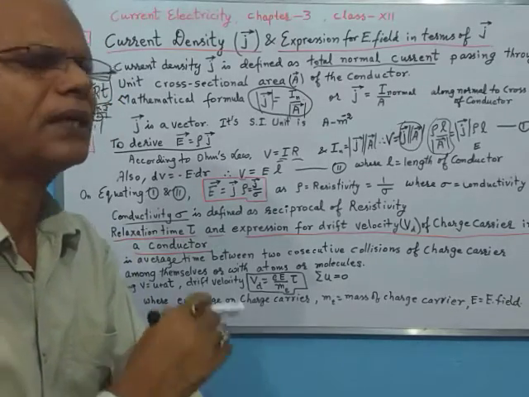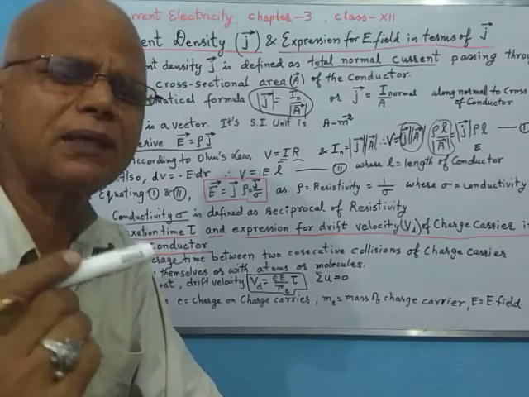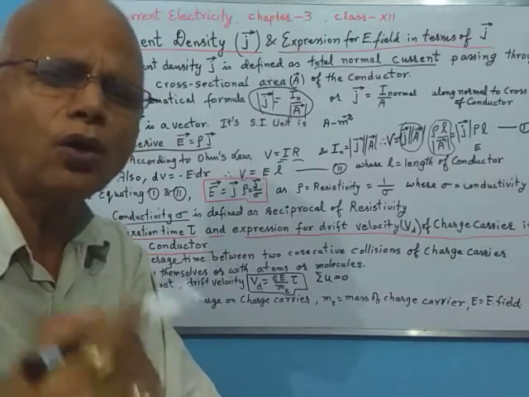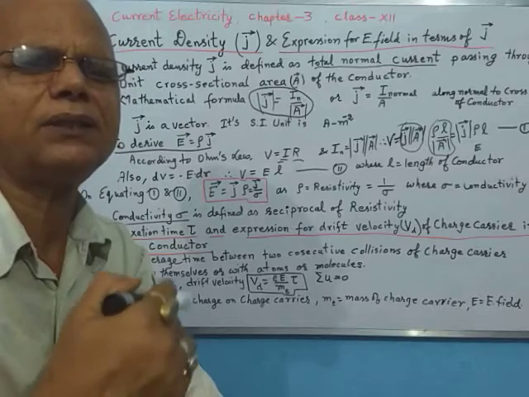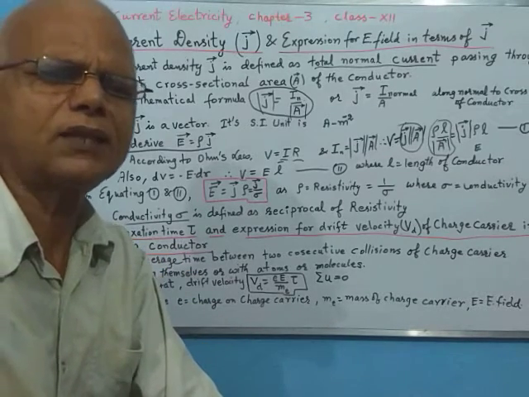So in a conductor, what happens? The charge carriers collide among themselves, or they collide with the atoms or molecules lying in their path. Why do they collide?